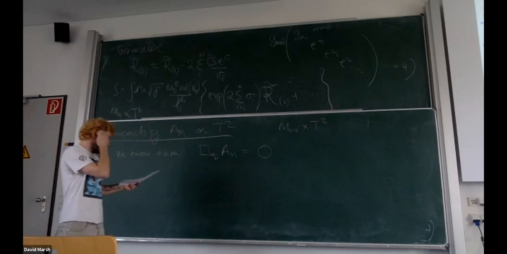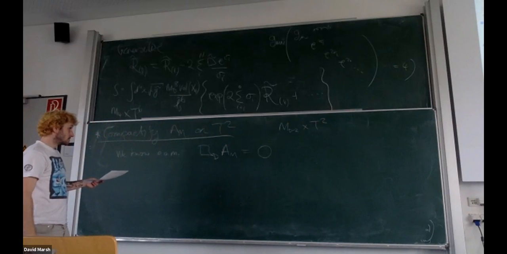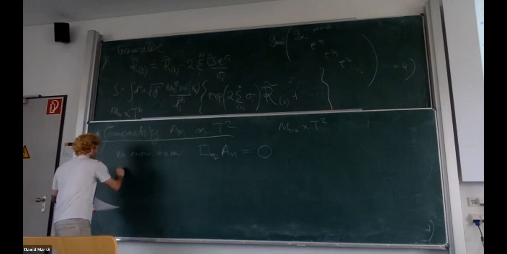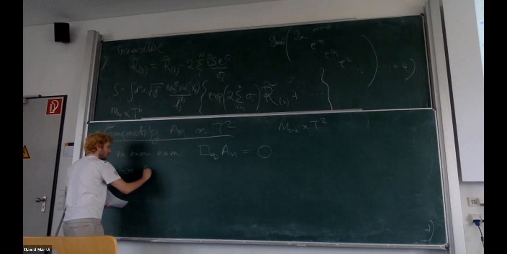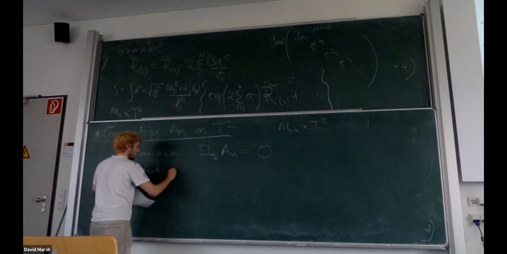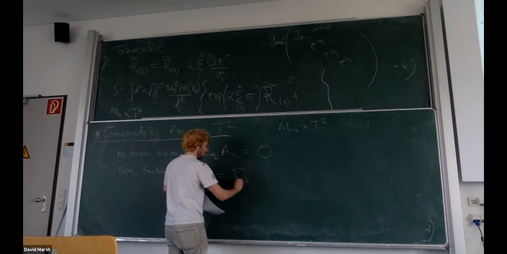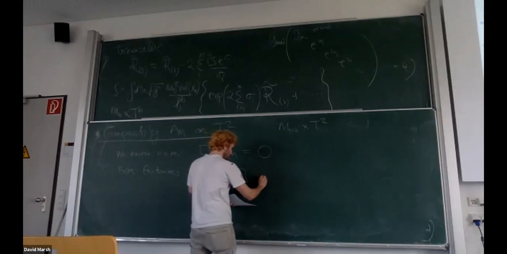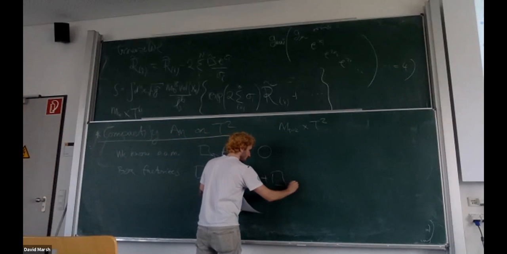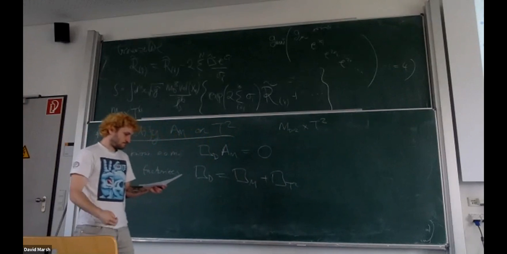So what we know is that box factorizes, and box_D is equal to box_M plus box_T2.